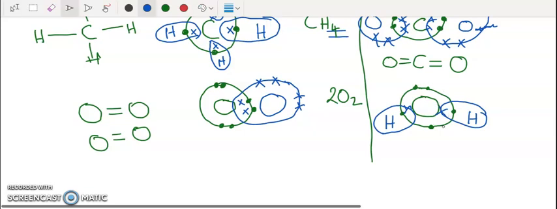And so can we see that this hydrogen's outer orbital is filled, this hydrogen's outer orbital is filled, and this oxygen's outer orbital is filled.